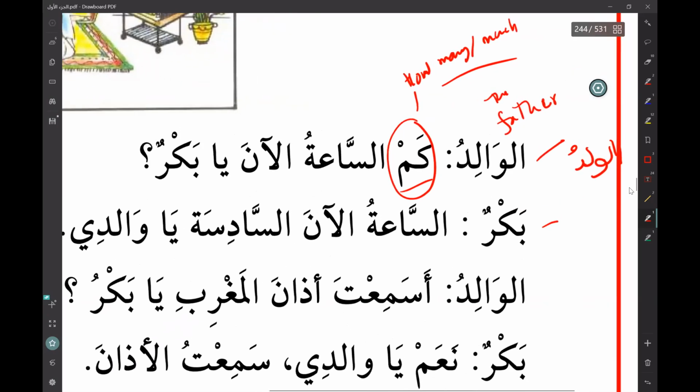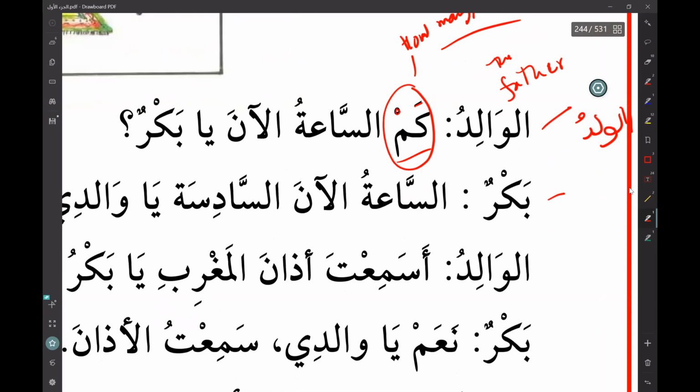So yes, the spelling of kam is with the meem having a sukun. But when you have alif lam after any sukun, for example with this word kam, you cannot pronounce these things together with the sukun. So most of the time you have to put a kasra.